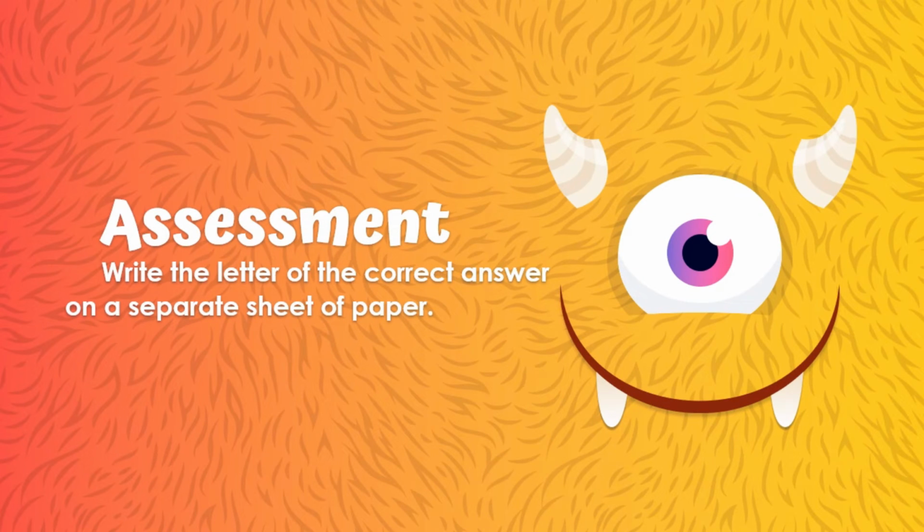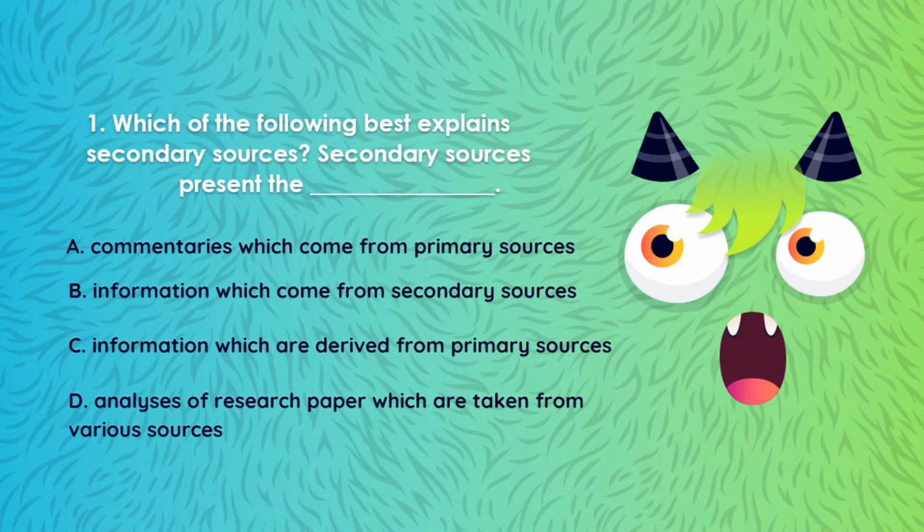Now, let's assess ourselves. Write the letter of the correct answer on a separate sheet of paper. Number 1. Which of the following best explains secondary sources? Secondary sources present the blank. A. Commentaries which come from primary sources.